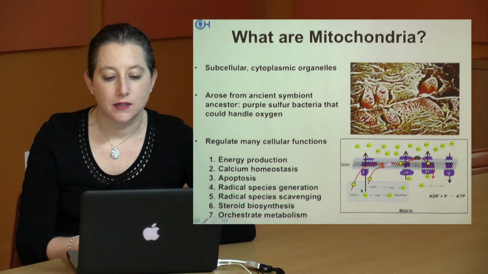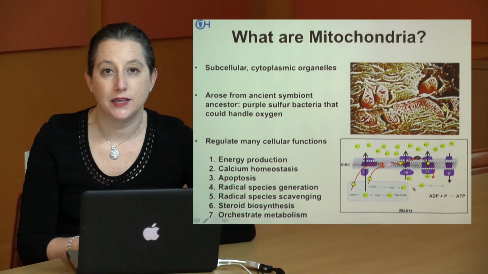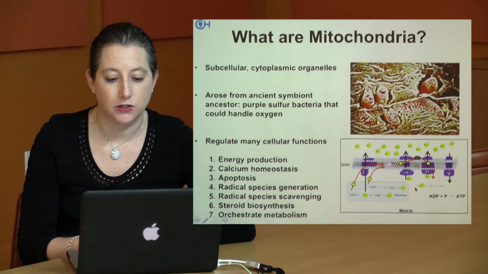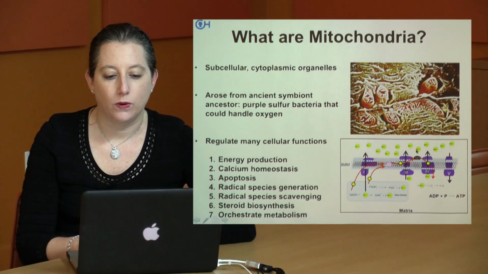In the process, through complexes 1, 3, and 4, a proton gradient is being generated where positive charges are leaving the mitochondria, so the inside of the mitochondria becomes negatively charged and the outside becomes positively charged. This charge separation, or potential difference, is equivalent to a battery and is used to power the backflow of the protons through the 5th complex, whose name is really much more elegant than complex 5.